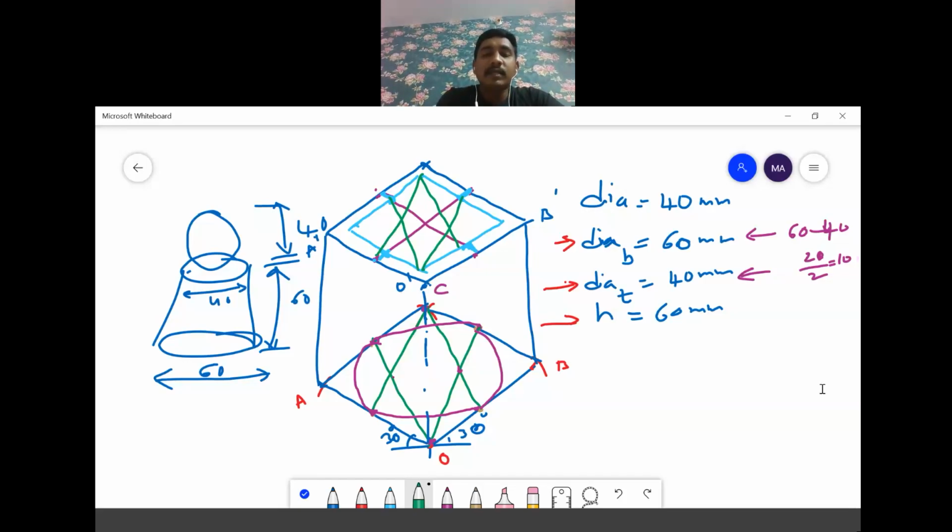Then I am taking this as a center, this as a radius. I am drawing one arc here. I am taking this as a center, this as a radius. I am drawing one arc here. I am taking this as a center, this as a radius. I am drawing another arc here.